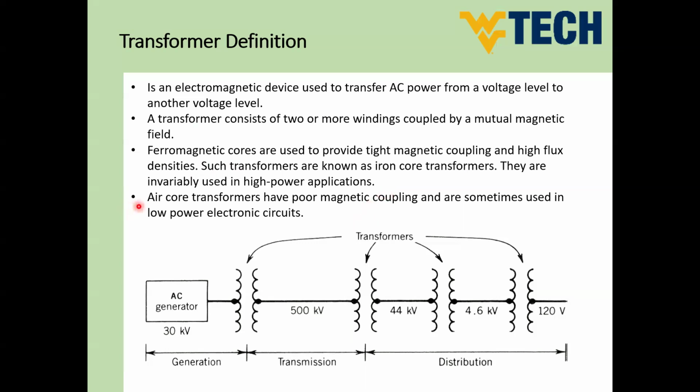Also, besides magnetic core, we may have air core transformers, as we mentioned. The air core transformers have poor magnetic coupling and are sometimes used in low power electronic circuits. However, sometimes we may need to use these air core transformers in some applications, but this is for abnormal conditions, not for normal conditions.